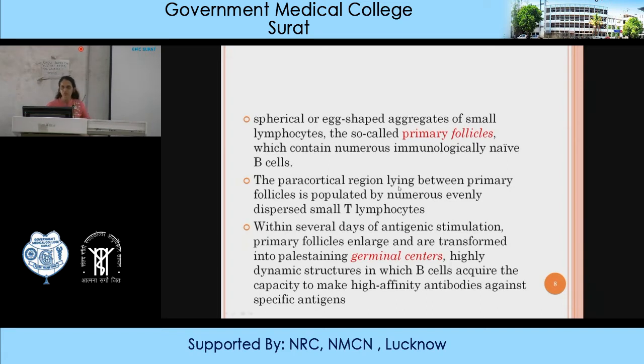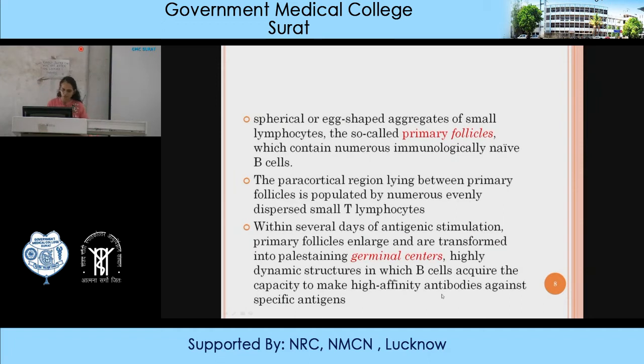Within several days of antigenic stimulation, the primary follicles enlarge and transform into a pale staining area called the germinal center. These germinal centers are basically active lymphocytes which are in mitotic phase. They are light staining and somewhat precursor lymphocytes.